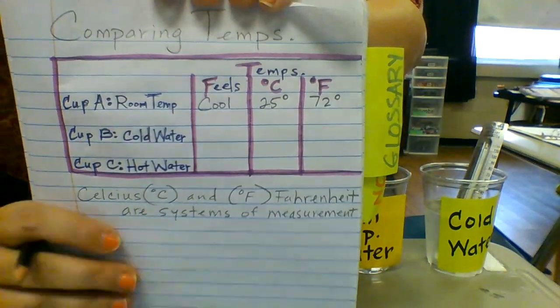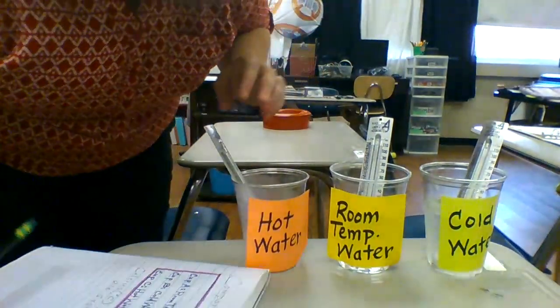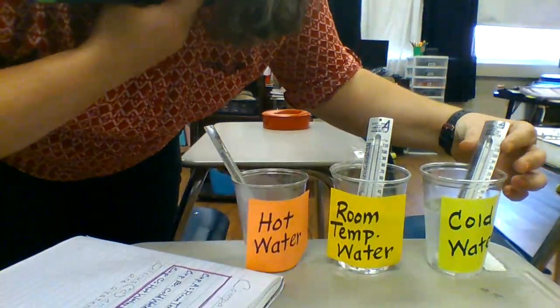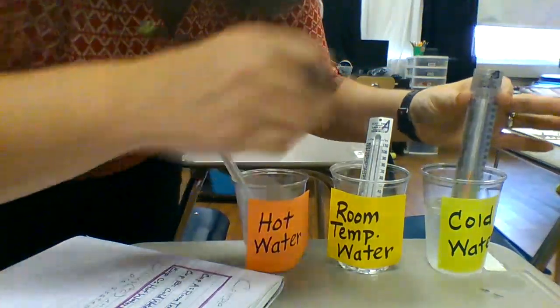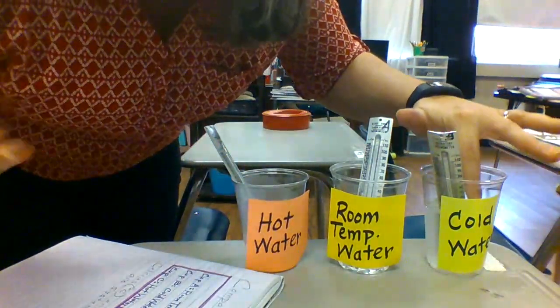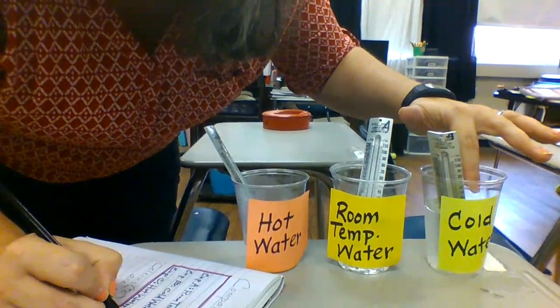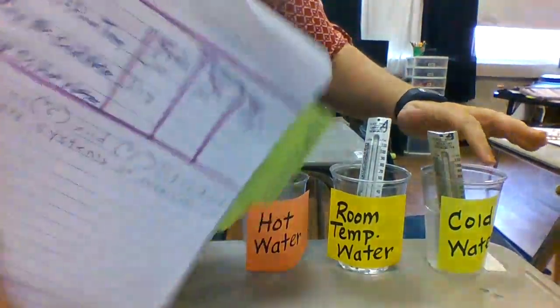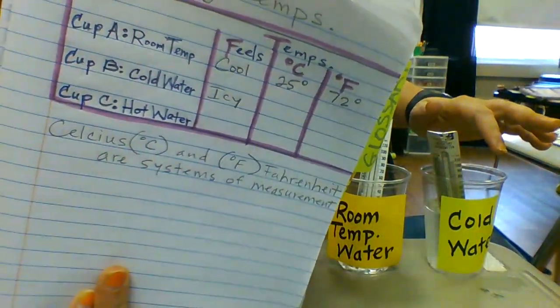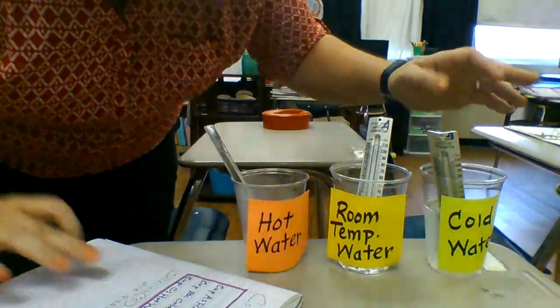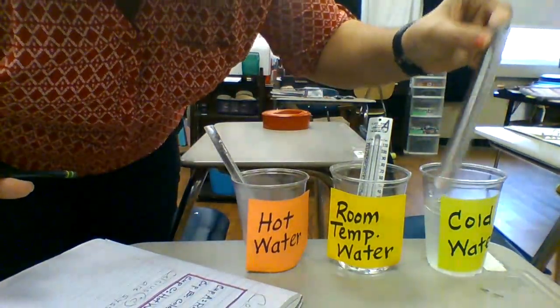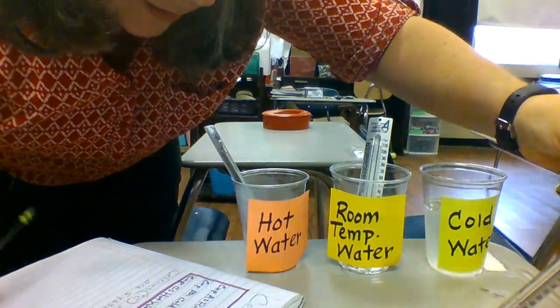All right. Let's try cup B, the cold water. Now, I got this out of my fridge, so it's nice. Ooh, it is icy. Icy cold. So I'm going to write icy where it says feels. And now I'm going to look at my thermometer.